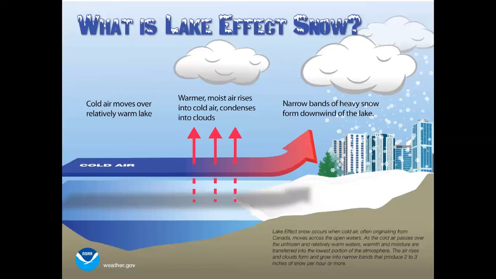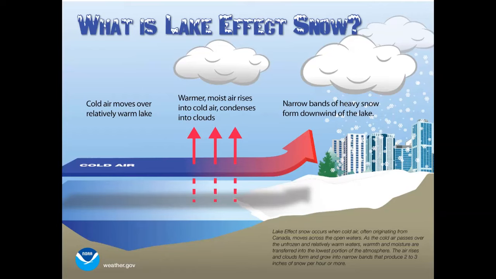So first of all, what is lake effect snow? Lake effect snow only happens over very large lakes like the Great Lakes: Lake Erie, Lake Huron, Lake Superior, Lake Ontario. These are so large that they can affect the weather of the surrounding area. What happens is you get very cold air blowing across the lake, and the lake is much warmer than that air.